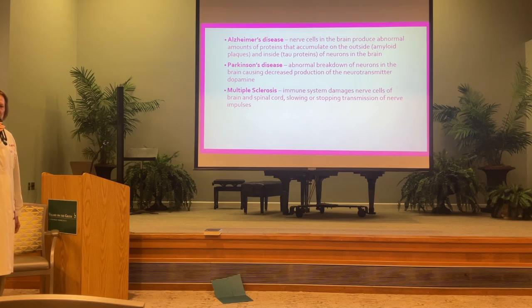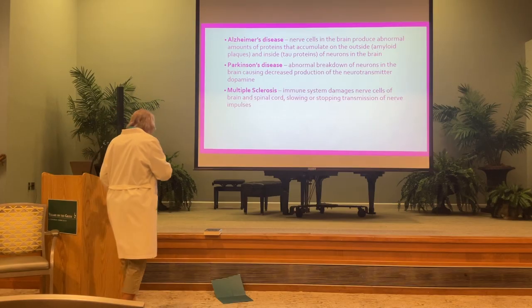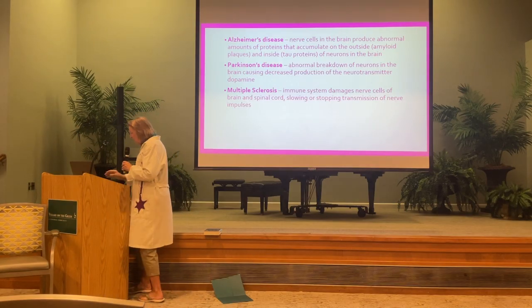Plenty of dopamine allows good control of muscles, and when those cells are broken down and there's less dopamine, then there's less control of muscles. And then multiple sclerosis is when the immune system damages nerve cells in the brain and spinal cord and slows down or stops the transmission of impulses. So you can see that cells are really important to our good health.